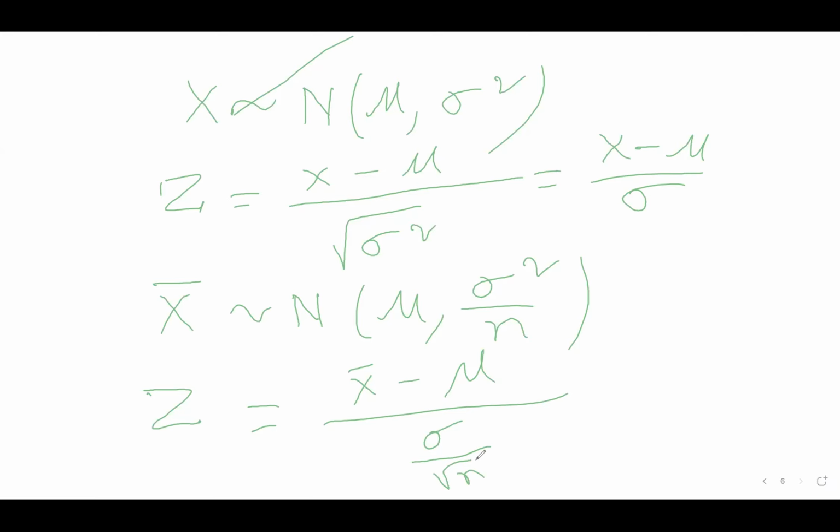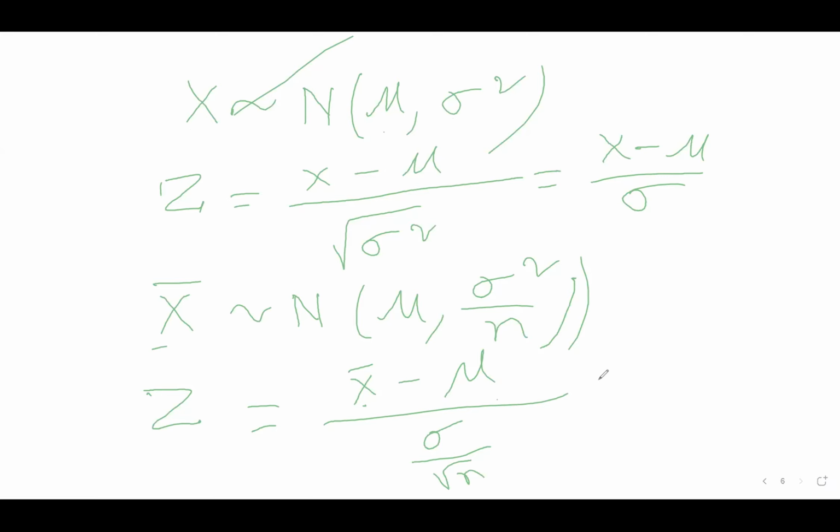So now you can see the difference between these two formula. When x is normal distribution with mean mu and sigma square, the formula is just x minus mu over sigma. Now we have z equals x bar, because the random variable is x bar, minus the mean of the random variable, which is mu, and the standard deviation. Standard deviation is the square root of this number, which is sigma over a square root of n.